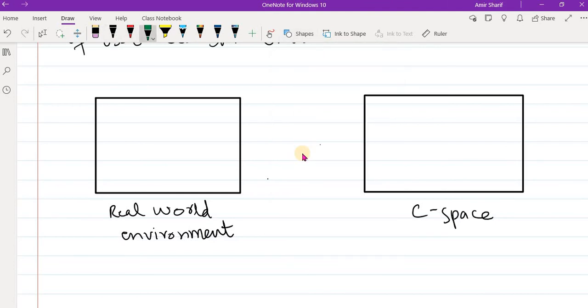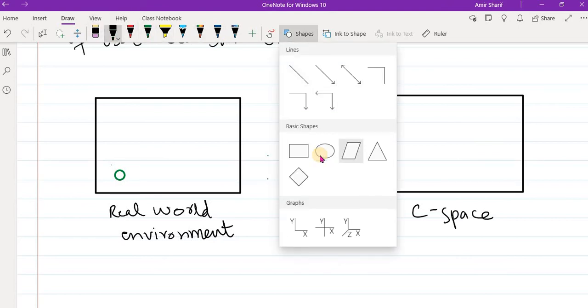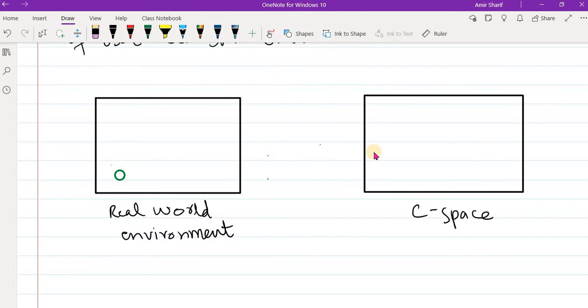Let's say here we have a circular robot, and let's also represent some obstacles. Let's say here we have an obstacle, and it looks like this. So this is a real world scenario, a real world environment in which you have a robot here.